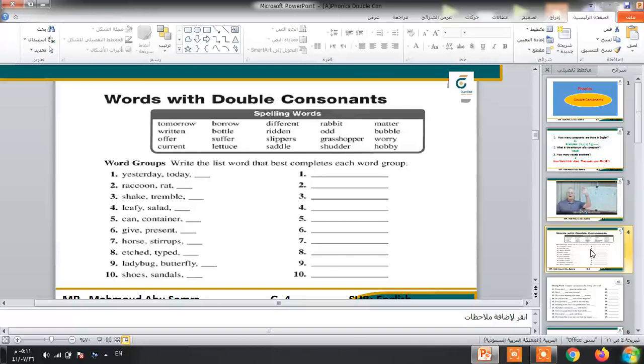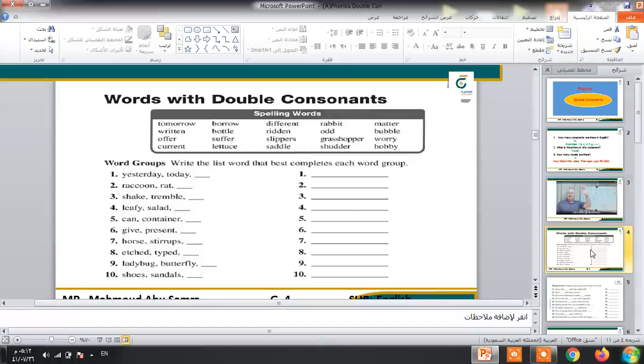Tomorrow, written, offer, current. Current means late or present or nowadays. Borrow, bottle, suffer, lettuce.